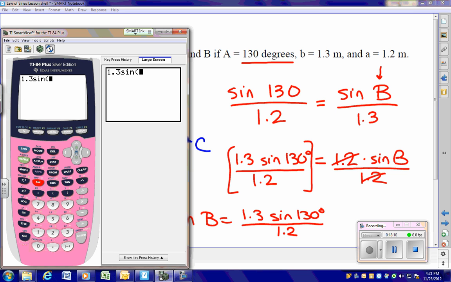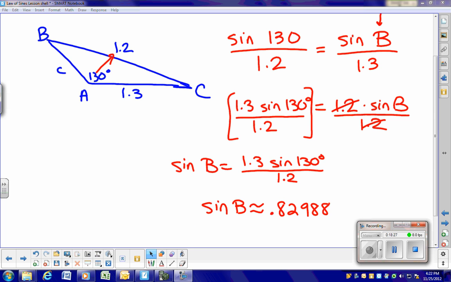1.3 times the sine of 130 degrees divided by 1.2. Okay, so I get 0.82988, etc. Okay, so you can see I've written this down, and so now remember back when we did calculator stuff.